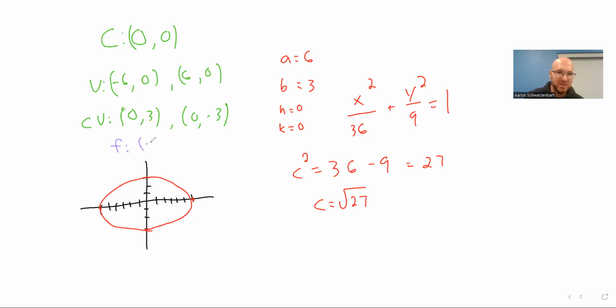Foci, they must be on my major axis. Square root of 27 is going to be a little more than 5. Since my major axis was horizontal, they're on the x-axis here. There's my foci. Okay, so we're going to do another one, but it's not going to start in standard form.